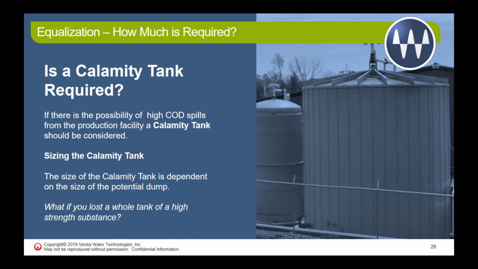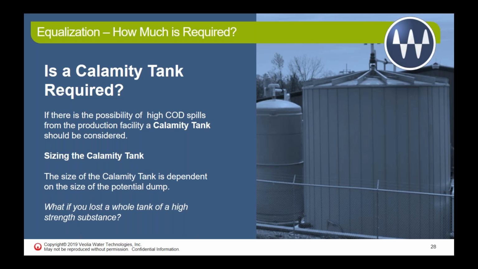That is so much higher in COD that if we just apply the simple average rule, it will substantially skew the COD load into our downstream process, because for those 2 hours, or for that specific day of the week, the COD is so much higher than the rest of the average.